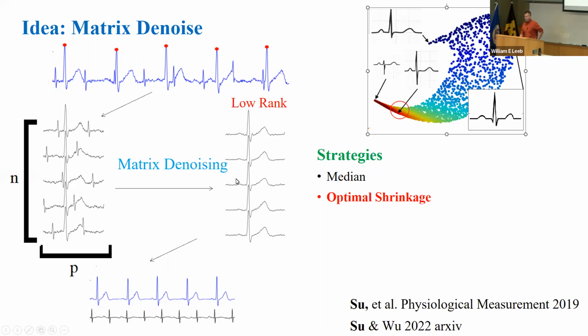For the matrix denoising strategy, in previous work my advisor's group took the median of the matrix. But the problem is that if you only take the median, then each row will be the same, which is not good for clinical study, because the morphology, the shape of the heartbeat, has clinical meaning.